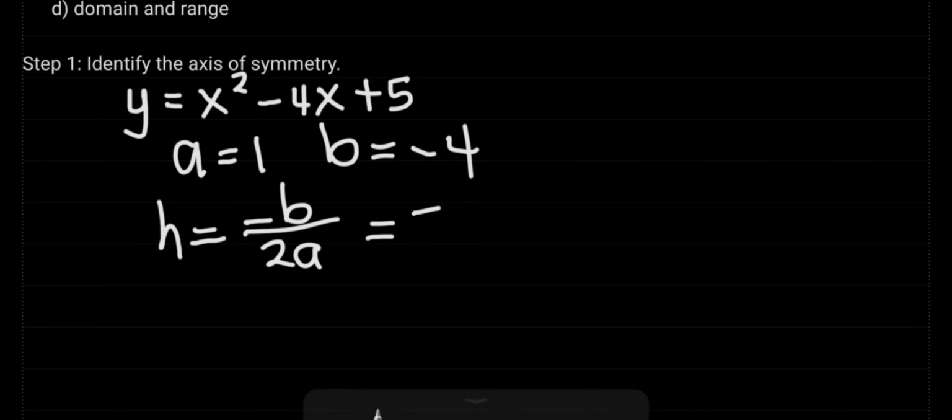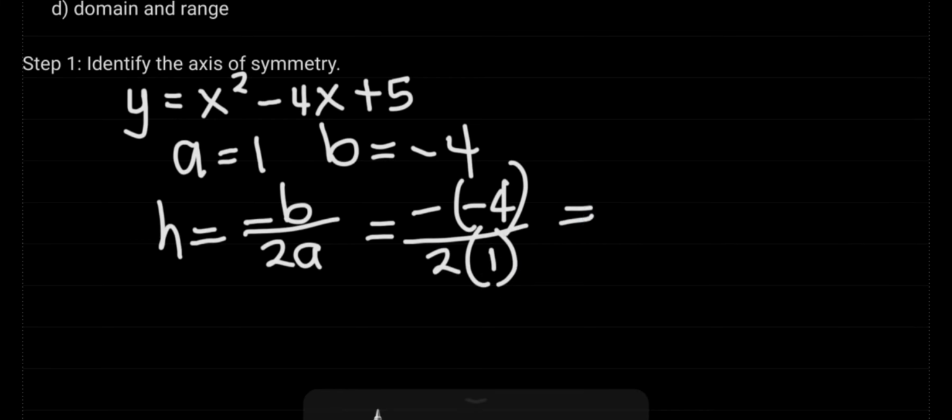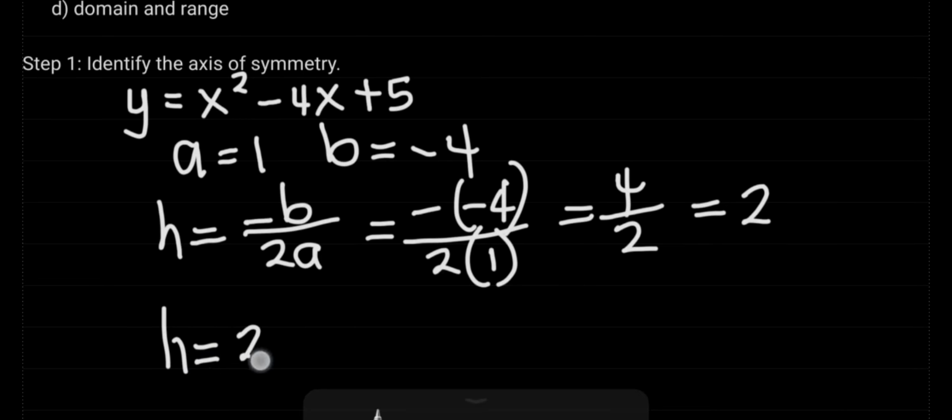So b is negative 4 over 2 times a, which is 1. Negative times negative 4 is positive 4 over 2 times 1, which is 2. So 4 over 2 is 2. So the value for h equals 2.